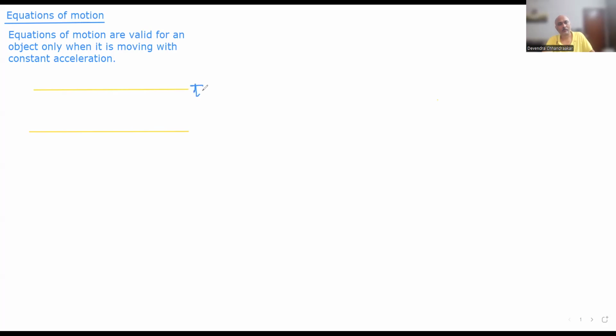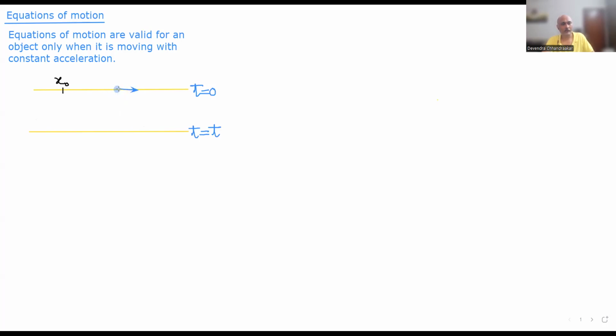So this is t is equal to 0. This is t is equal to t. These are the two different timelines. This is position x is equal to x naught, but the particle is at this location.